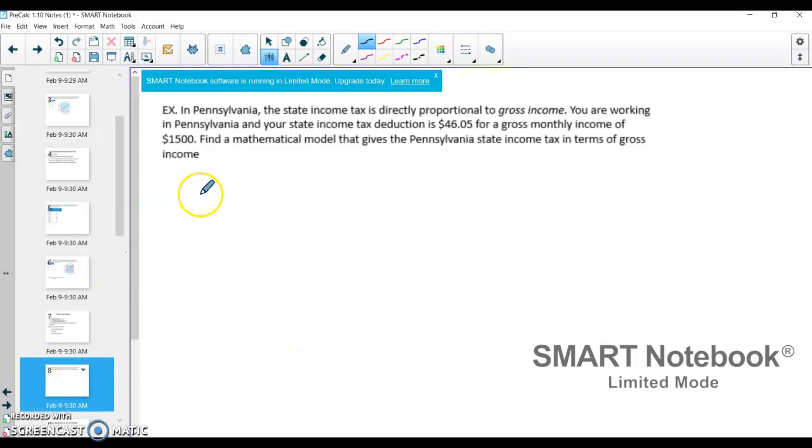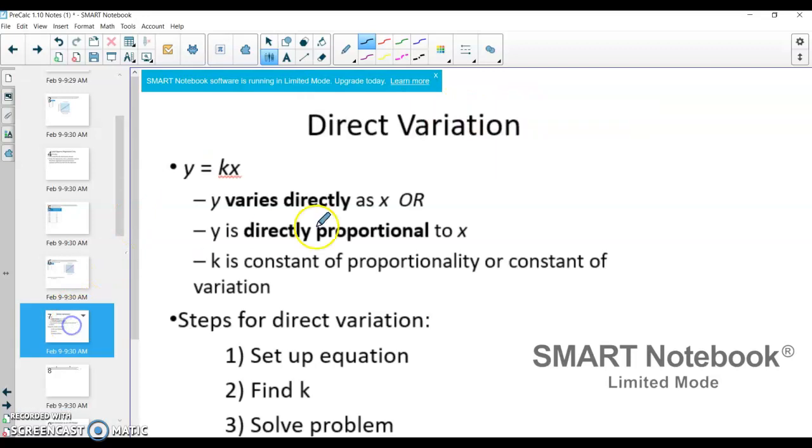And so when we look at a first problem like we see here, it says in Pennsylvania the state income tax is directly proportional to the gross income, which means the state income tax is our y, and the gross income is going to be our x, because the y needs to be directly proportional to x.